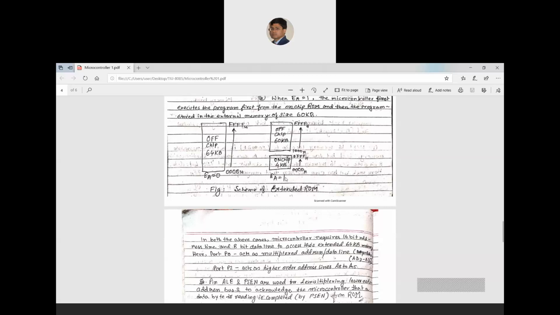So in the internal it will use 4 kilobyte, in the external it will use 60 kilobyte.